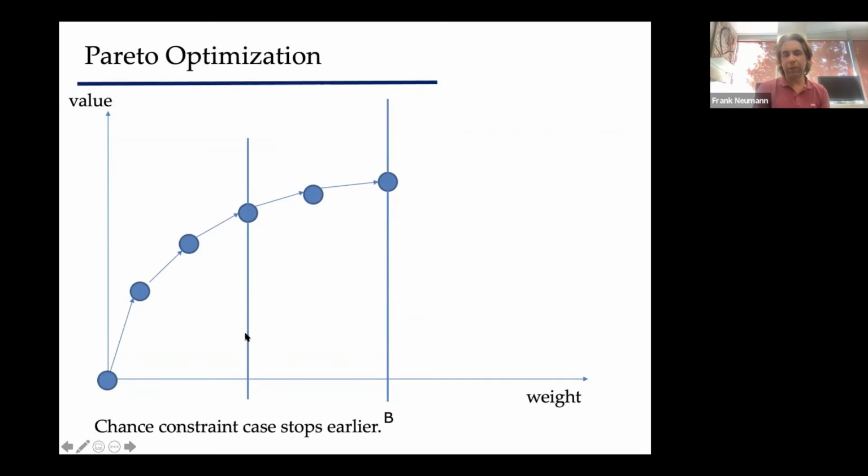Because you have the randomness around the expected value, you have to stop earlier to meet your criteria that you can't overshoot the bound with a certain probability. But the nice thing is then this gap here, in terms of what you lose in terms of your constraint, that is not too big.